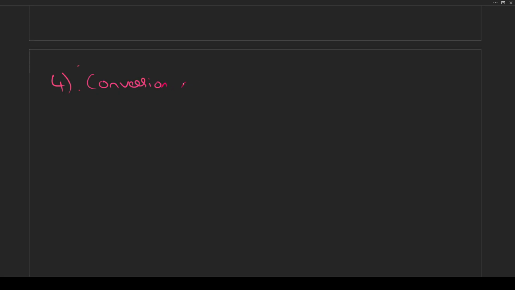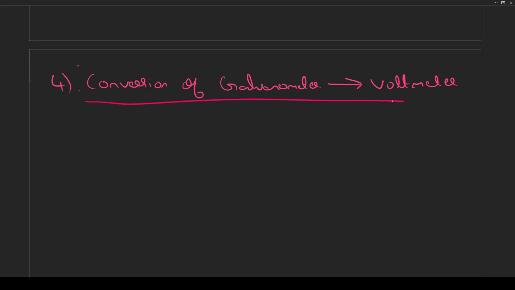Coming to the fourth experiment, that is conversion of galvanometer to voltmeter. Let's see the circuit diagram here. This circuit diagram is also simple.